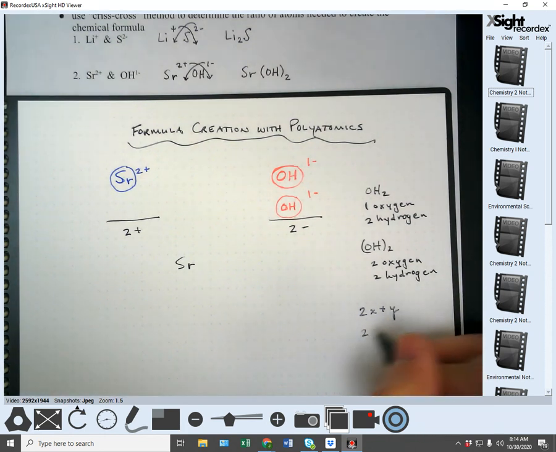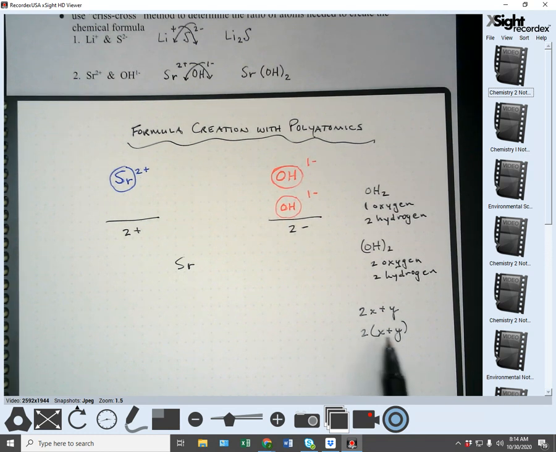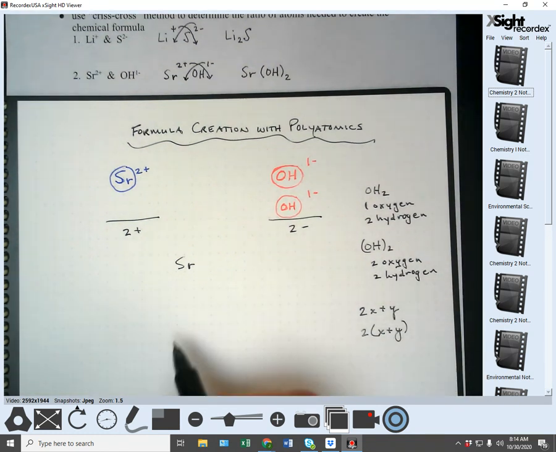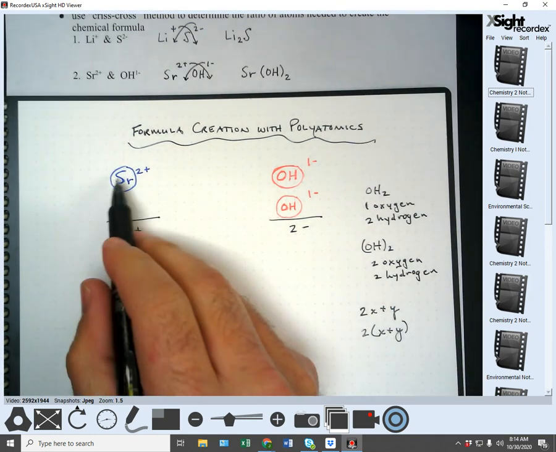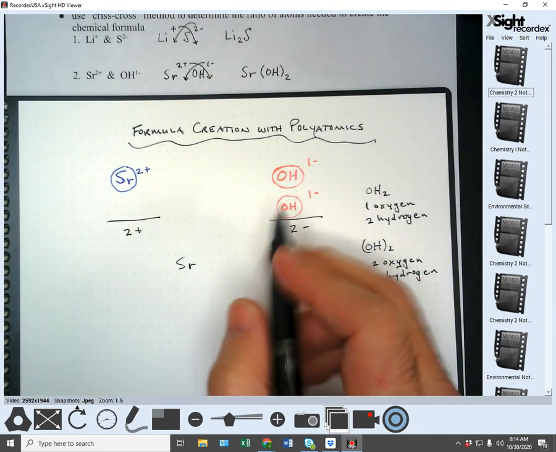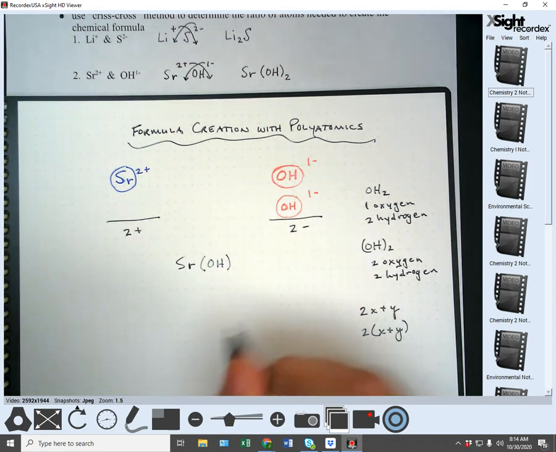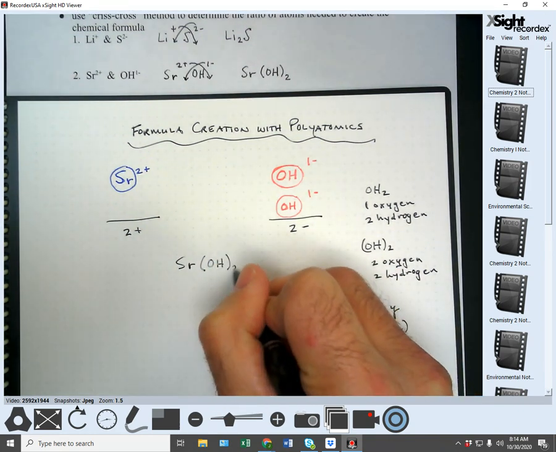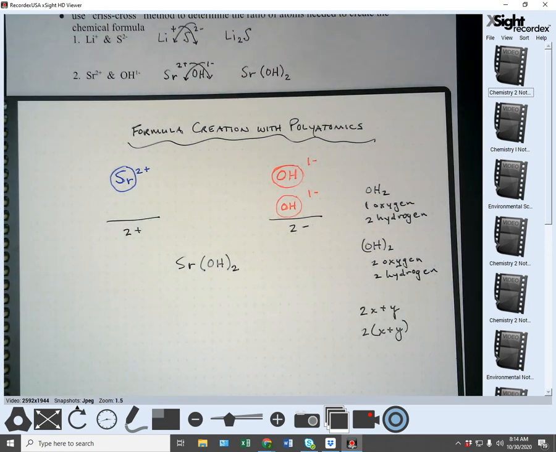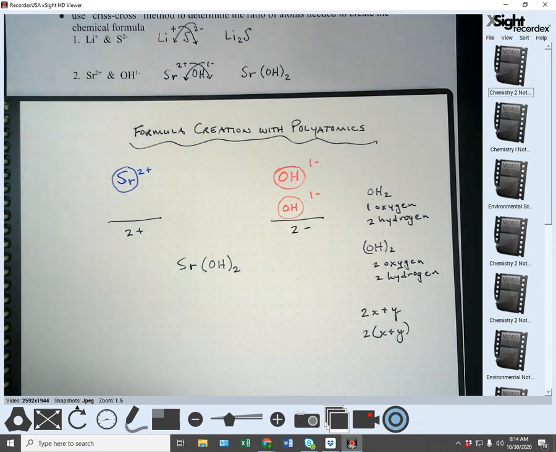But if you have 2 times the quantity x plus y, that means you've got 2 x's and 2 y's, right? Okay, so when you're making it, we've got one Sr and we've got two of the OHs. So we need to say we have two of that whole thing. Treat that as one whole thing. So it should look like that. Okay, and that would be your formula.